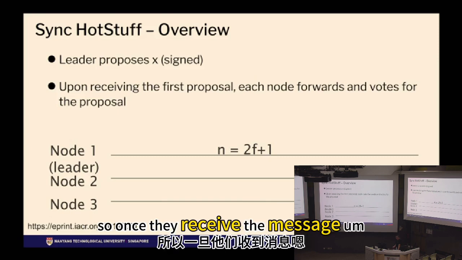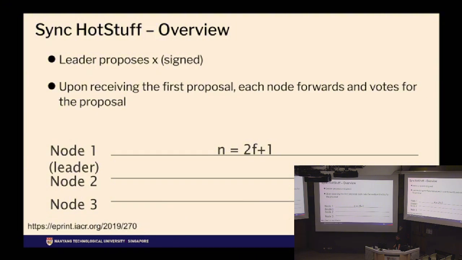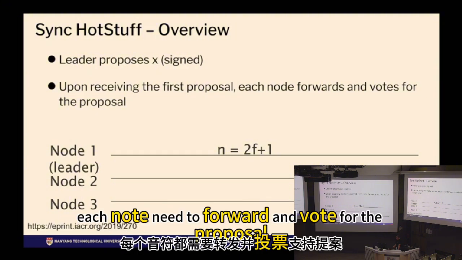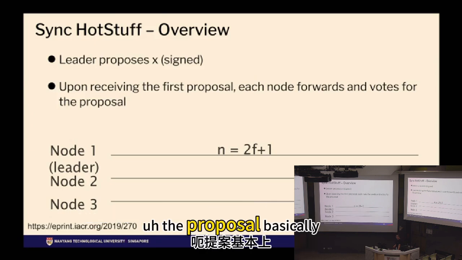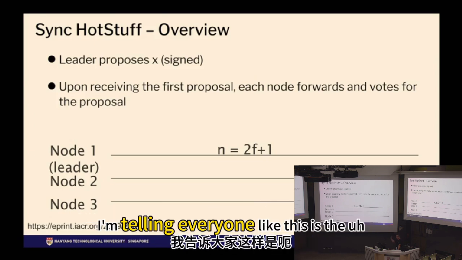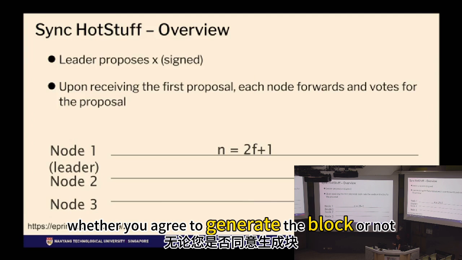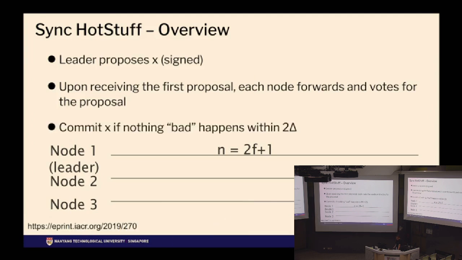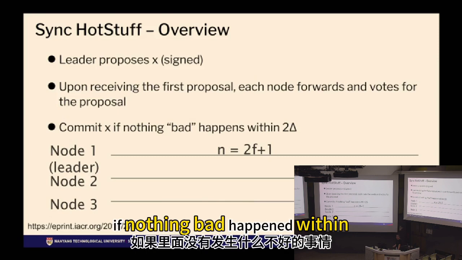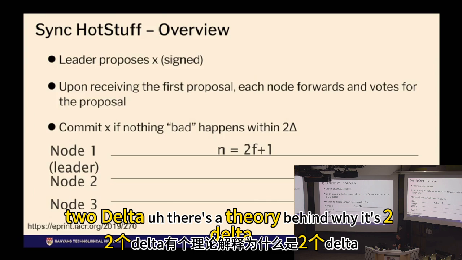Once they receive the message, each node needs to forward and vote for the proposal. The proposal is basically telling everyone, this is the transaction I'm going to put into the block, whether you agree to generate the block or not. And they'll commit if nothing bad happens within 2 delta.